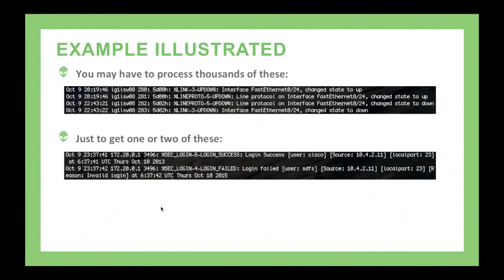And the thing that we're after is these login and login failed type messages at the bottom here, and we literally have to process tens of thousands or hundreds of thousands of interface state change messages in order to find those.